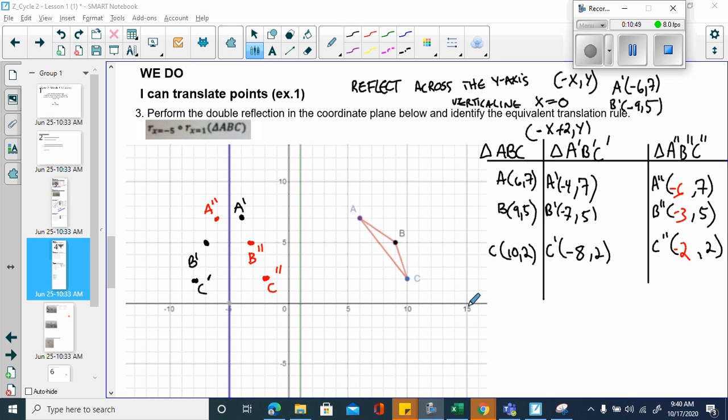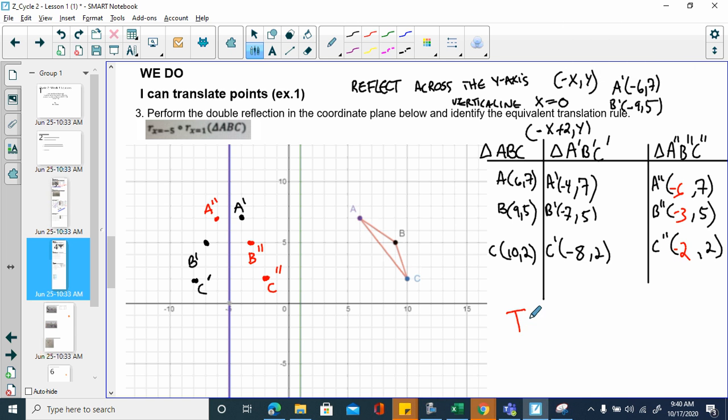So we can just write this as a translation rule. And our translation rule would just be that for x, we're going to go to the left by 12, so negative 12, and our y is not changing.